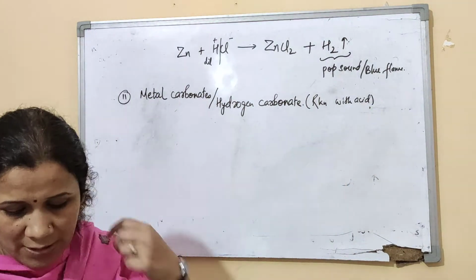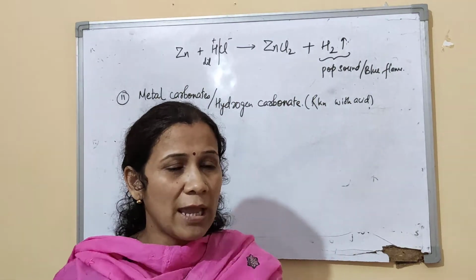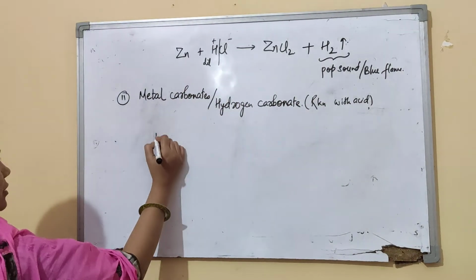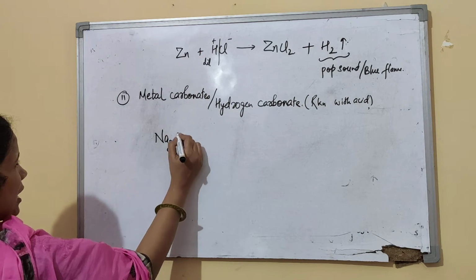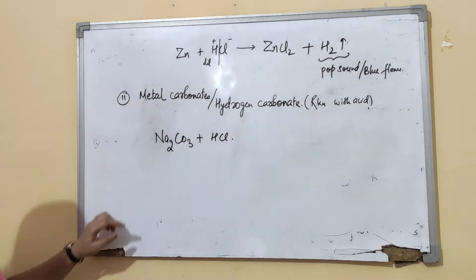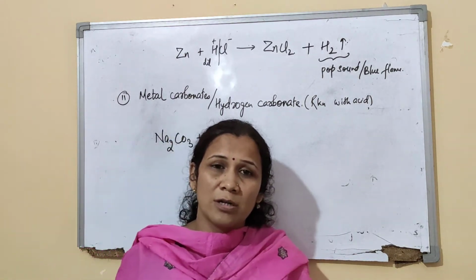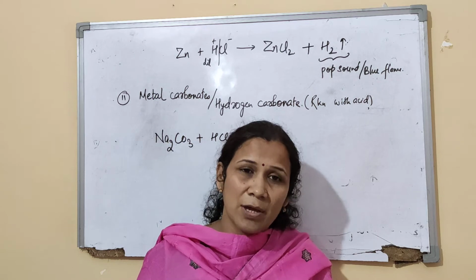We will write these reactions to see how they react. Now take any carbonate salt, sodium carbonate, and HCl. The common rule is that any carbonate salt will by default always release carbon dioxide.